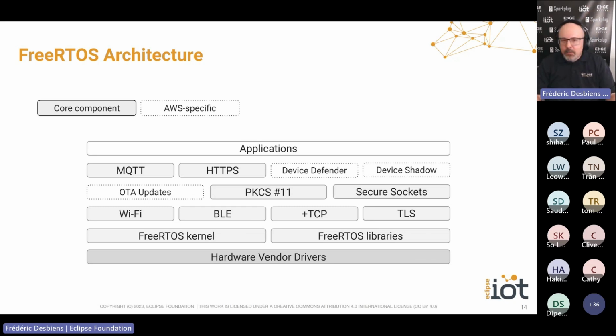which means that typically when you work with FreeRTOS, you need to figure out, okay, I will use the kernel and then maybe the built-in TCP stack, but now if I need to do a specific thing with, let's say, LoRaWAN connectivity, then I need to make sure that my hardware supplier supports FreeRTOS and provides me a library for support.